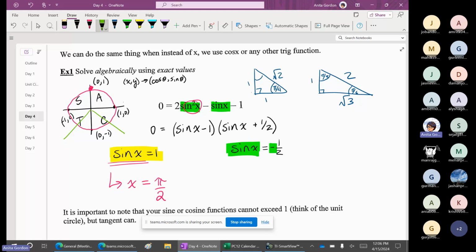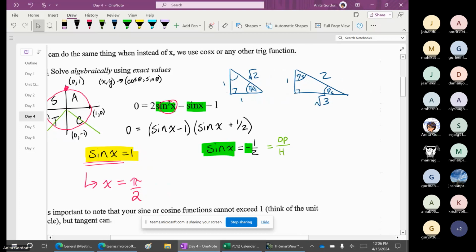Now, using the triangles, which triangle gives me an opposite side of 1 and a hypotenuse side of 2? It will be this triangle, right? And if this is opposite and this is hypotenuse, then this is the angle I need. It's pi by 6. What this tells me is my reference angle is pi by 6.